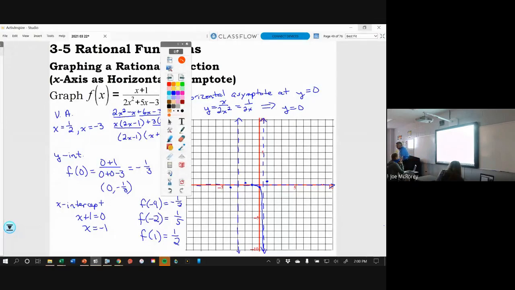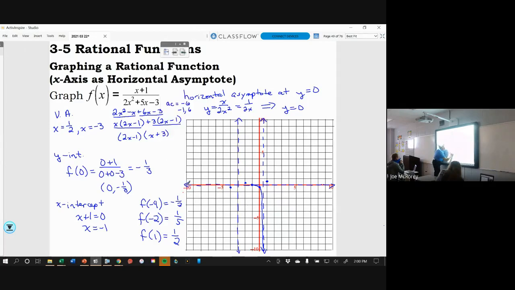Folks, that's all the points I need to graph this thing. I know that because it's going through that point, the graph is confined to this area, which means it's very close to the x-axis, coming down, can't cross. So there it is there. I know that between negative 3 and negative 1, it's going up.